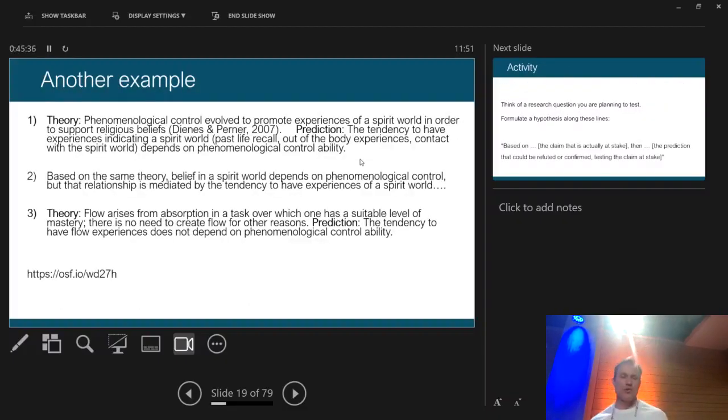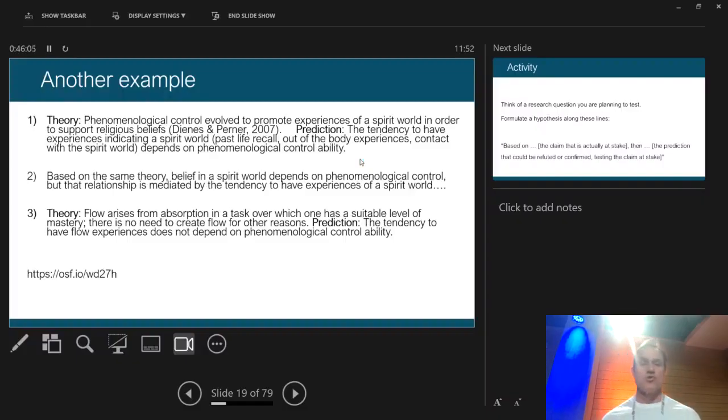Here's an example of a real pre-registration. Phenomenological control, incidentally, is the ability some people have, many people have, most people have in fact, to construct experiences that misrepresent reality but have a feel of realness to them. For example, me making my hand feel so light that it rises in the air by itself, as I'm doing now, or to create hallucinations that fit your needs.